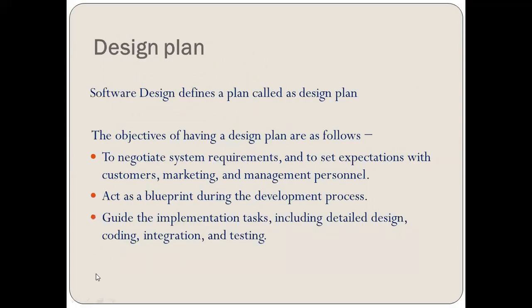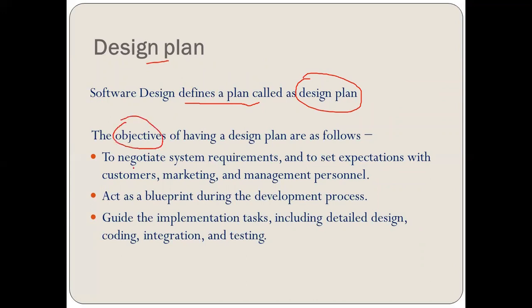Now, what is the design plan? We have already seen that the base that follows is the customer requirements. So first of all, software design defines a plan that is called a design plan. That means whatever plan we are going to have for designing, that is called as design plan. What are the objectives of design plan?